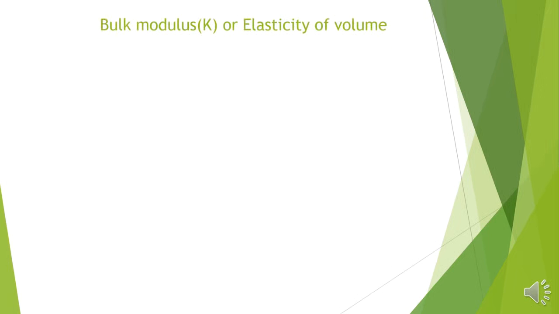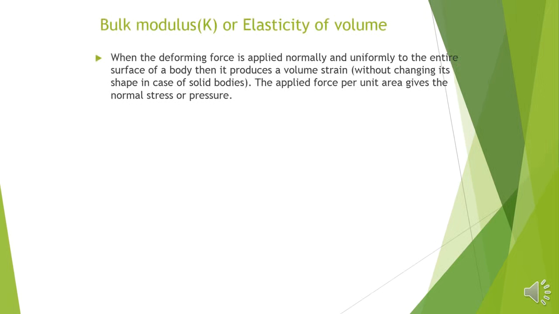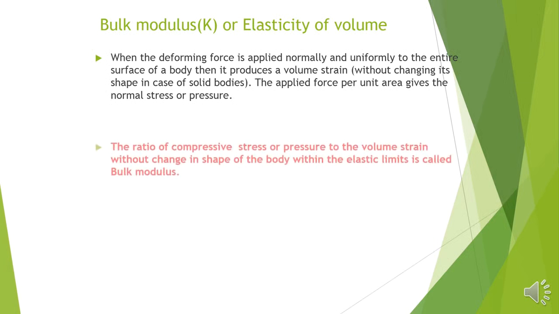Next, bulk modulus denoted by capital K. When the deforming force is applied normally and uniformly to the entire surface of a body, then it produces a volume strain. The applied force per unit area gives the normal stress or pressure.